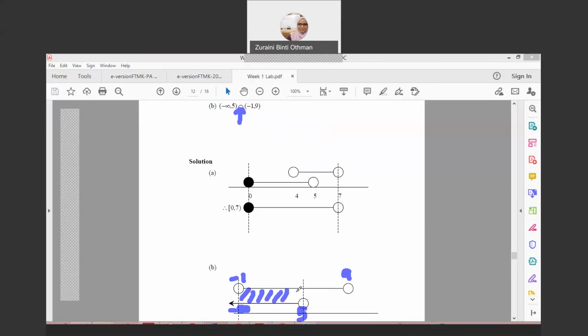Dan bila dia bertindan kat situ, so jawapan yang akhir will be what? Okay, kita nampak yang paling besar open interval, and then yang paling kecil yang ada kat situ is also open interval. So now it is between -1 until 5, the answer.